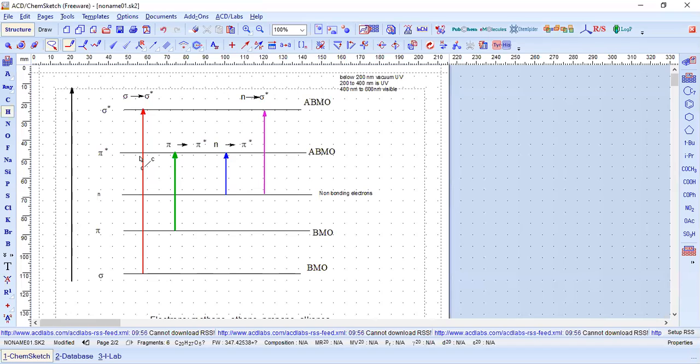Similarly, which electronic transition will the tomato be undergoing? Pi to pi star. Because of the lycopene, the tomato has a red color and the carrot has an orange color. They undergo these electronic transitions, and the range of these transitions is in the visible range. That's why we see them in color. Okay, this is the explanation.